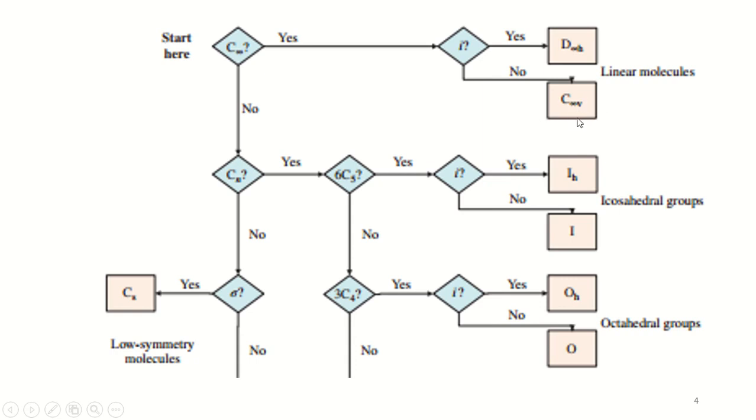The C infinity v point group is a special case that occurs in linear molecules that are non-centrosymmetric. There are two terms used to describe the molecular notations and structures of molecules in crystal systems, centrosymmetric and non-centrosymmetric, and based on these we can also predict different properties, the most renowned being the ferroelectric and ferromagnetic properties of materials.